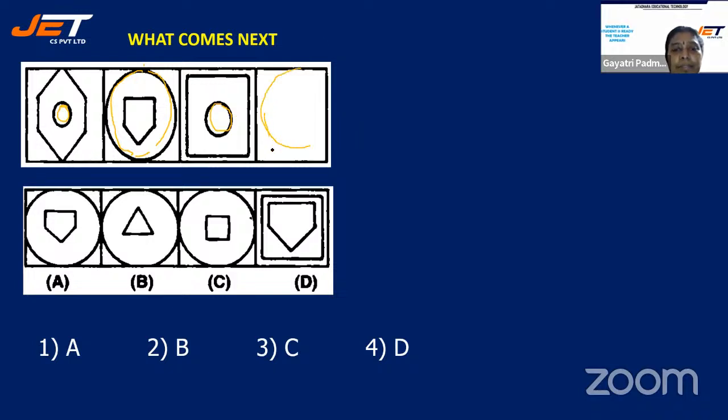Am I right? I wanted to draw a circle, but it ended up as an oval. Okay, no problem. So now the fourth one should be a circle. Am I right? Yes. So now whichever is a circle, please lock it. So A is circle, B circle, C circle. D is not a circle. So D cannot be your answer.